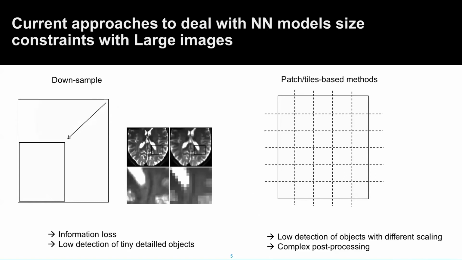So there are different approaches to handle these very large images with very high resolution, since you can't handle them at once in the GPU memory. First, you can consider downsampling them, so reduce the resolution, but for sure you will lose information, and there are all these tiny detailed objects that you are typically not going to detect.